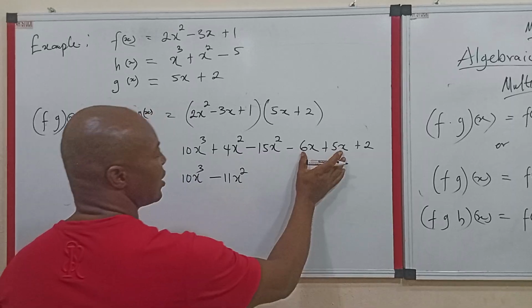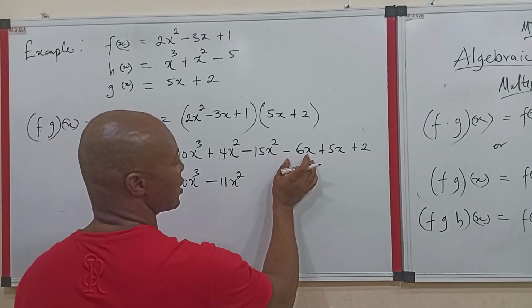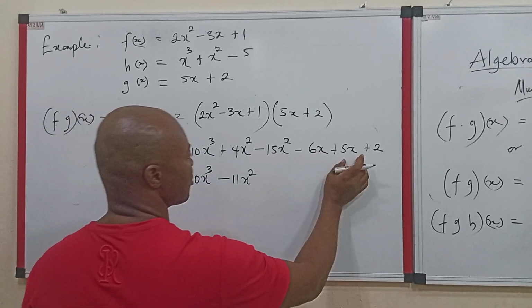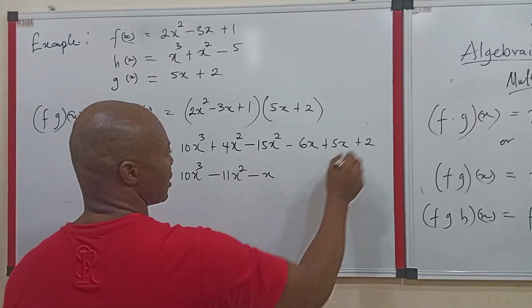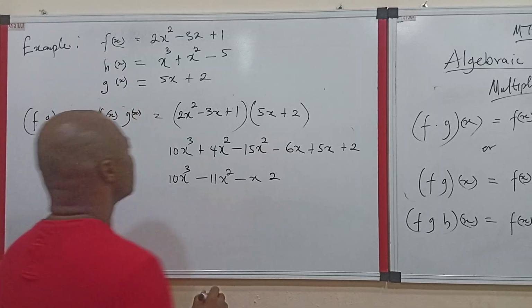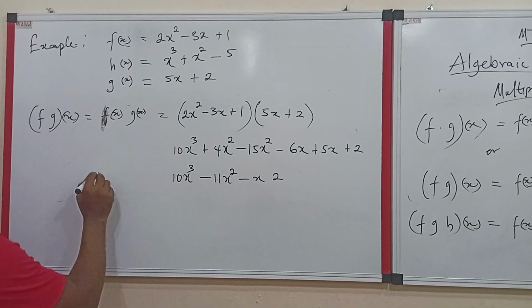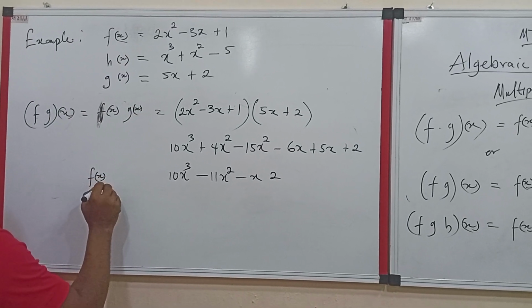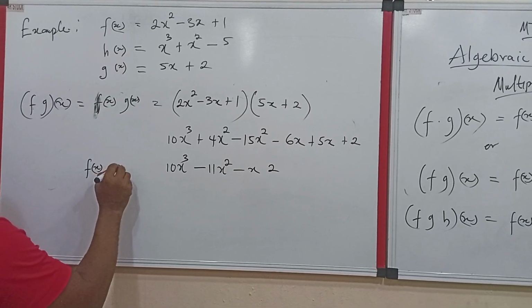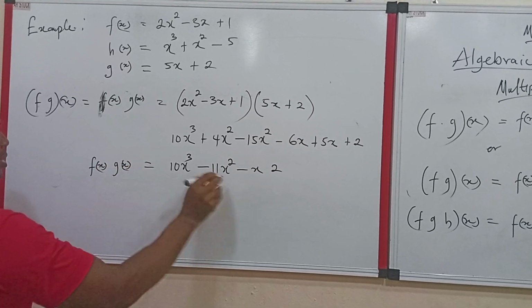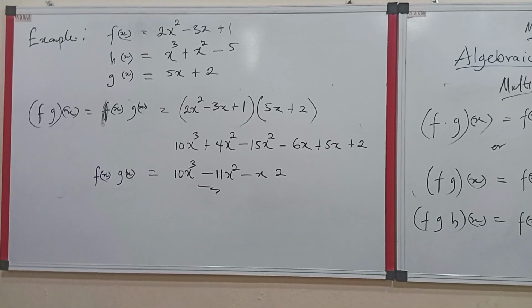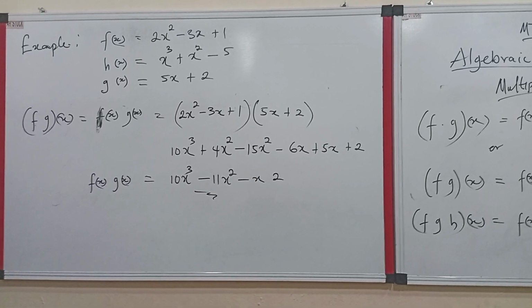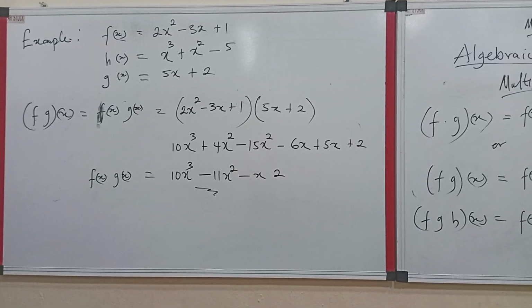Here is minus 6x, here is positive 5x. So if you combine them, you are going to have just minus x. Then lastly, you have 2. So we are saying that f of x multiplied by g of x is equal to this term. So you can see that this is also pretty simple and straightforward.